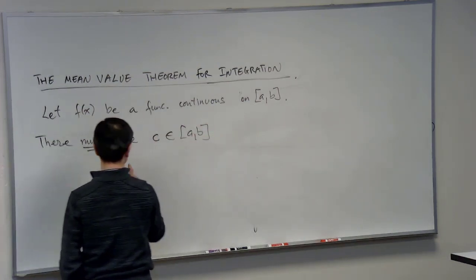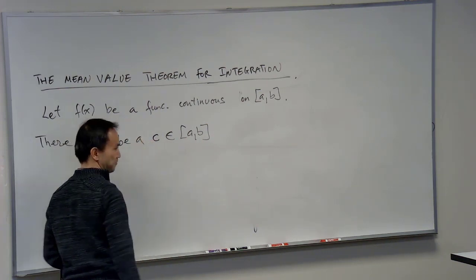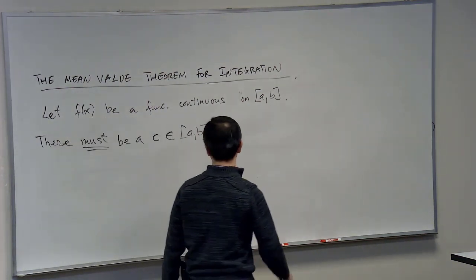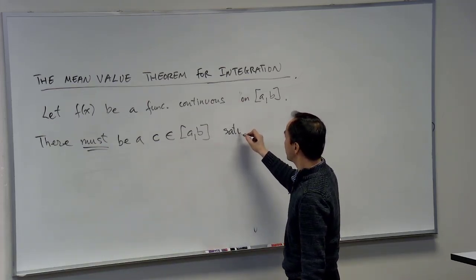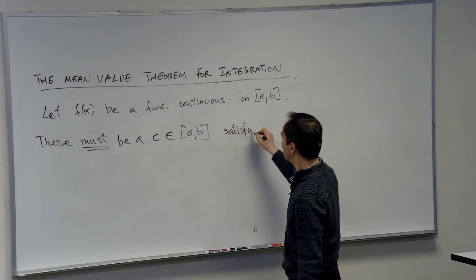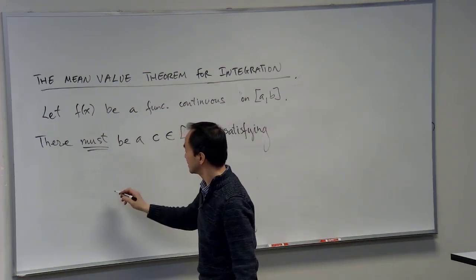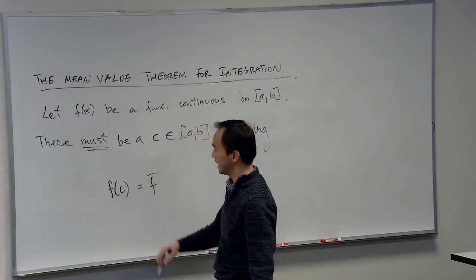When I'm saying there must be a c right here, that means there could be more than one. There could be a value c inside of the interval from a to b satisfying f of c equals the average height.